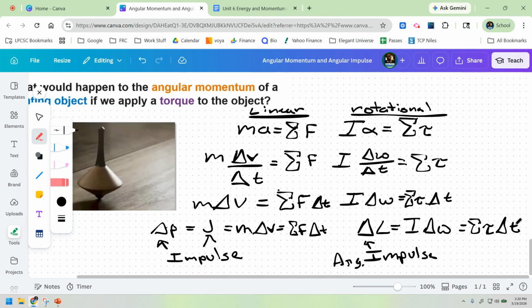If this top is already spinning and it's starting to slow down and I spin it again, I'm changing the angular momentum. And so that's an angular impulse, okay? So this is the last thing that we need to talk about today. But this angular impulse is, so we'll do an example of this, okay?